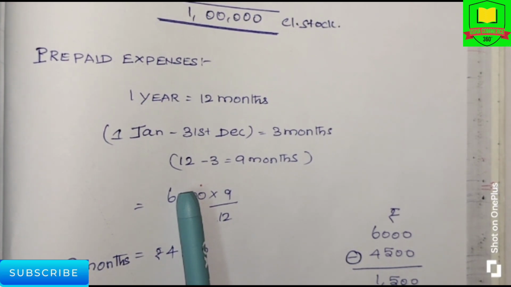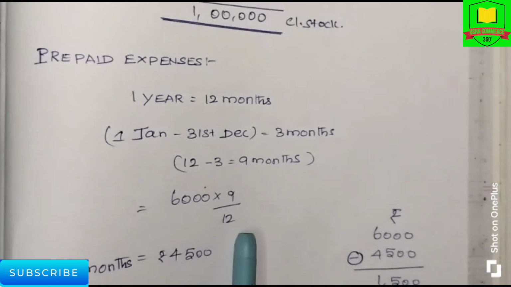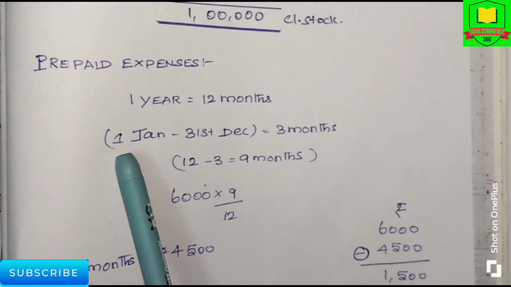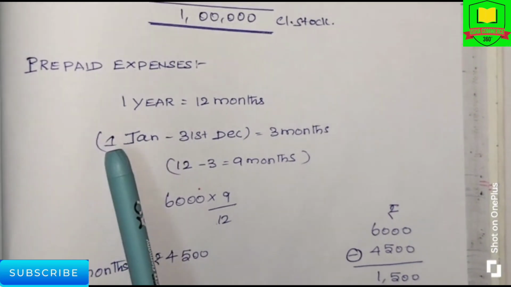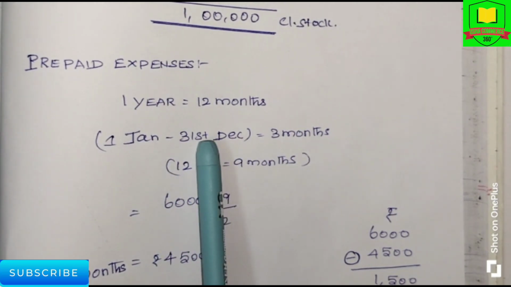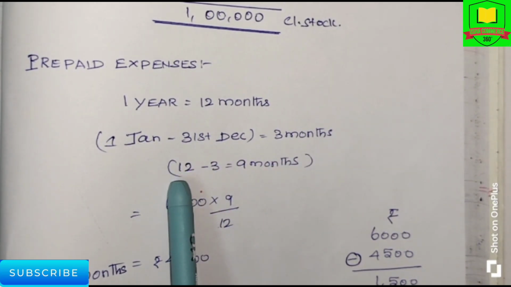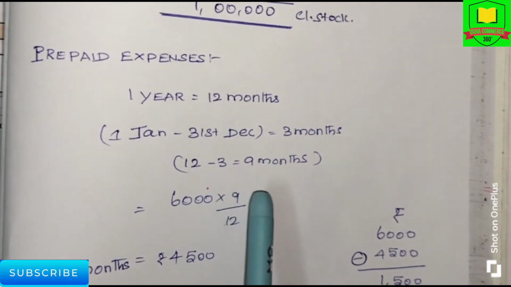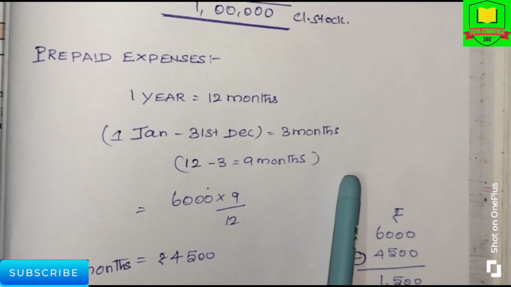How can we differentiate prepaid expenses from the current year expenses? We need only the 3 months which relate to the current period, and the remainder goes to the next year. We paid insurance premium for 12 months, 1st January to 31st December, and we need only 3 months. So the remaining 9 months go to the next accounting period.